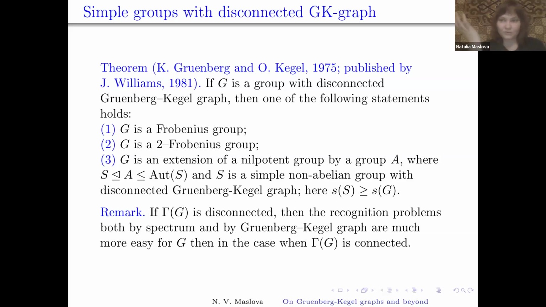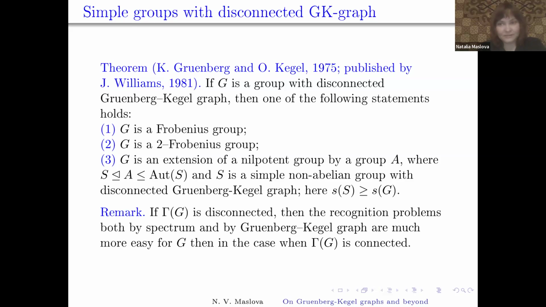A 2-Frobenius group is a group which is made from 2 different Frobenius groups. And it's not very important for general understanding. These are rather easy cases in some sense to consider in terms of recognition, since each Frobenius group has a non-trivial solvable radical, and each 2-Frobenius group has a non-trivial solvable radical.